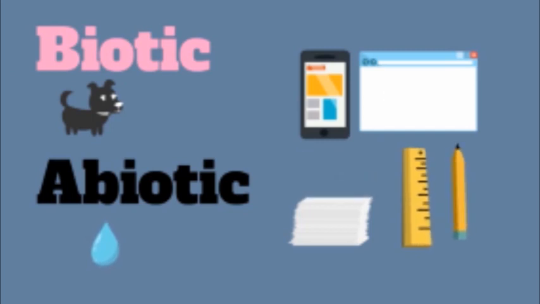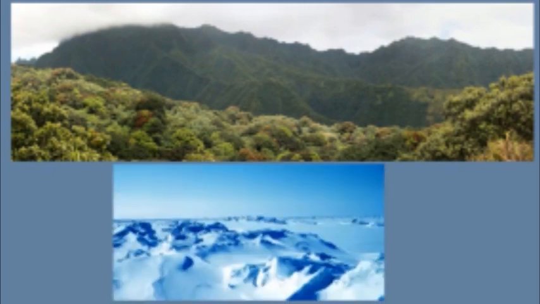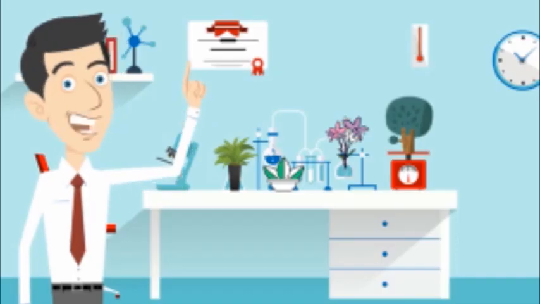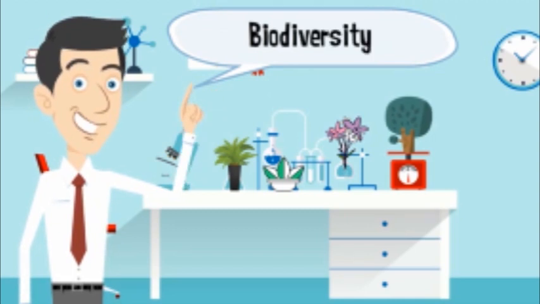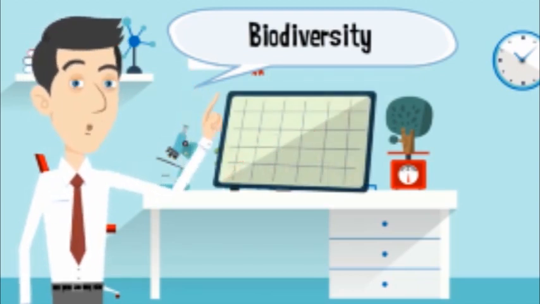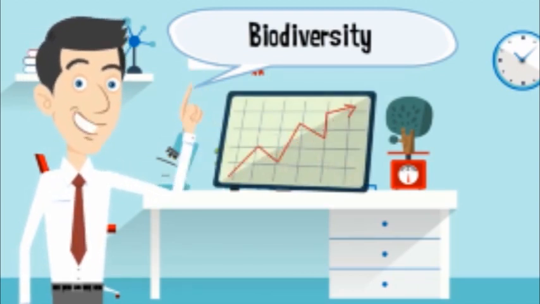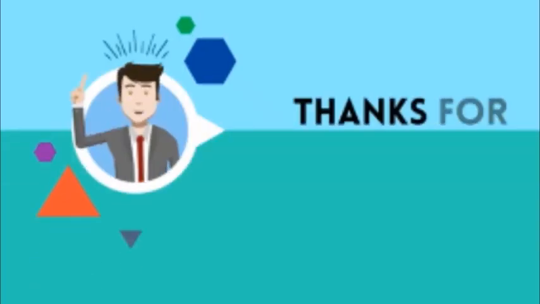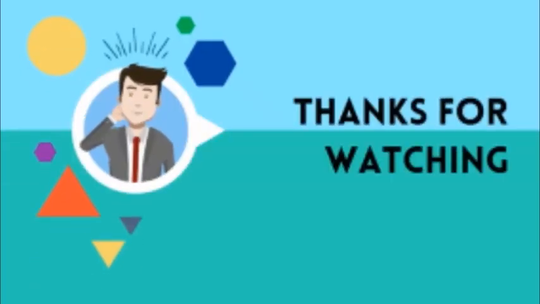Rainforests usually have a high ecosystem diversity, and deserts or polar regions usually have a low ecosystem diversity. So there you go, biodiversity: genetic, species, and ecosystems. And as these three increase, then most likely the health of the ecosystem also increases. Thanks for watching, and Moo Math uploads a new math or science video every day.